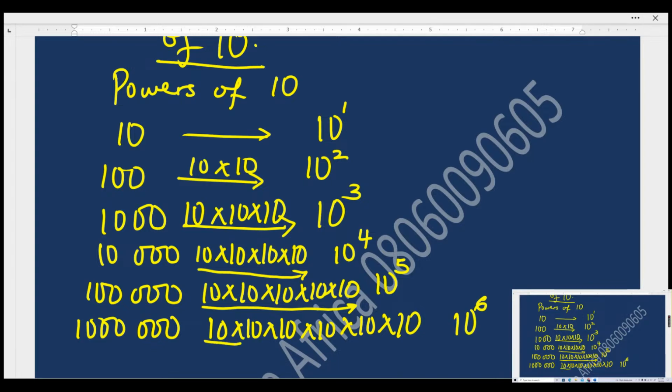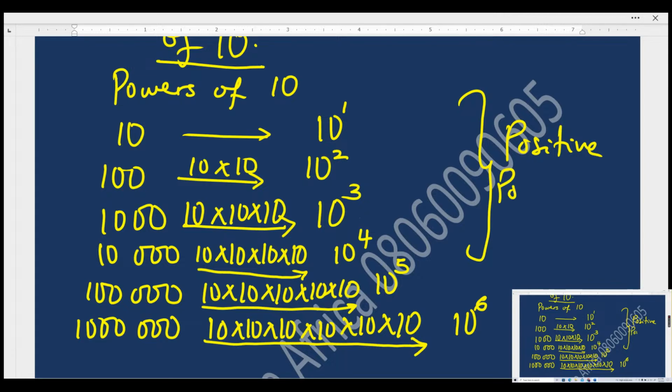So you can have many powers of 10, as many as possible. It depends on what you want. So when you're dividing by positive power of 10, now all these powers of 10, we call them positive powers of 10.